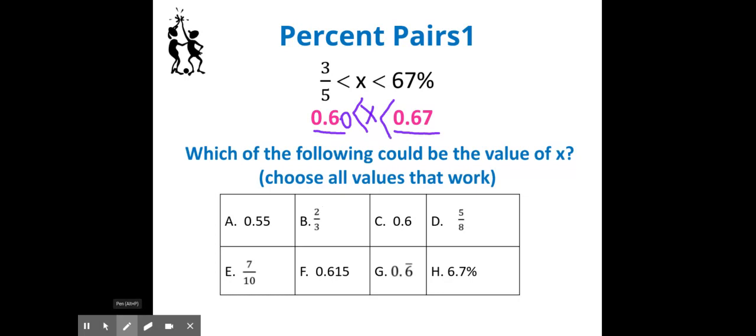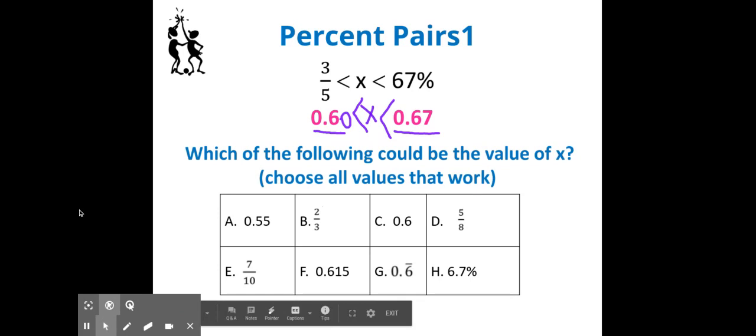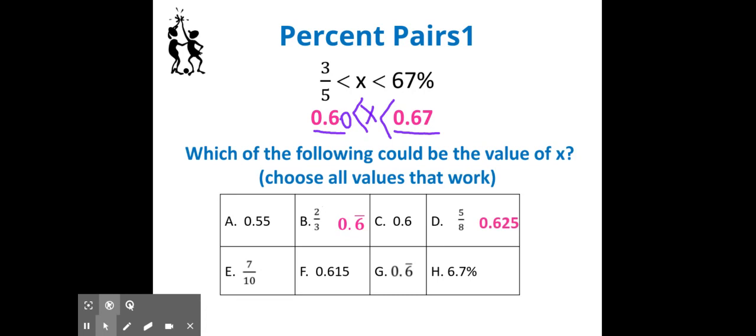Step 1, find all the ones that are not already decimals, convert them to decimals. All right, let's go. B, 2/3 as a decimal if you did it correctly, 6/10 repeating. D, 5/8 as a decimal, 625 thousandths. E, 7/10 as a decimal. Well, you literally just said the decimal, 7/10.